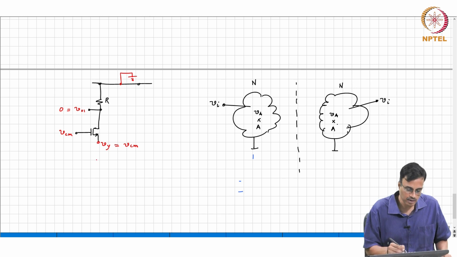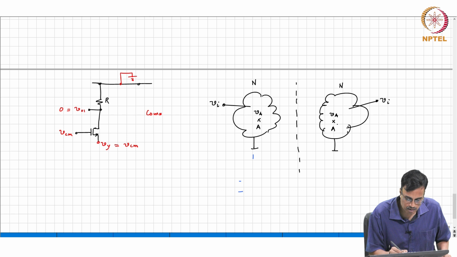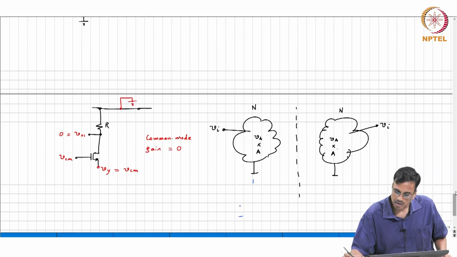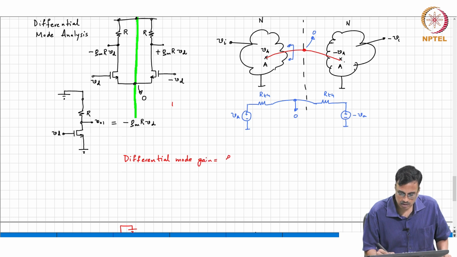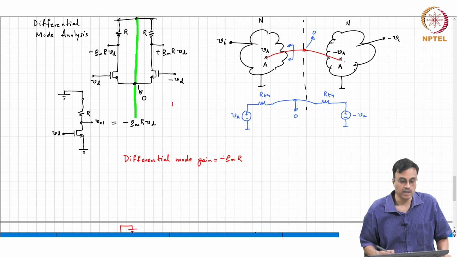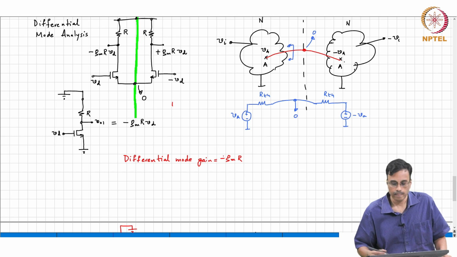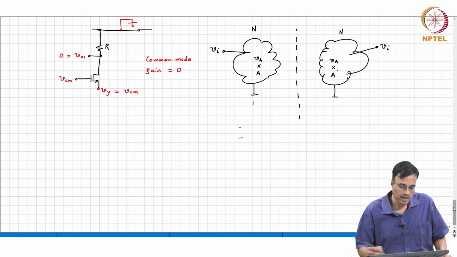So, the common mode gain is nothing but 0. The differential mode gain is nothing but minus GMR, alright.